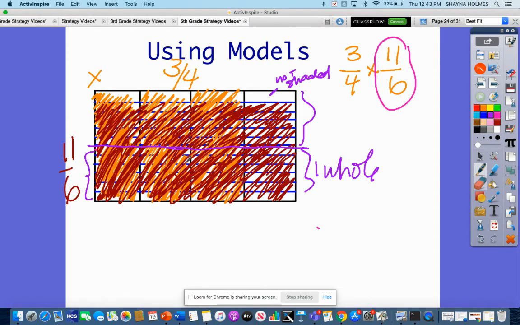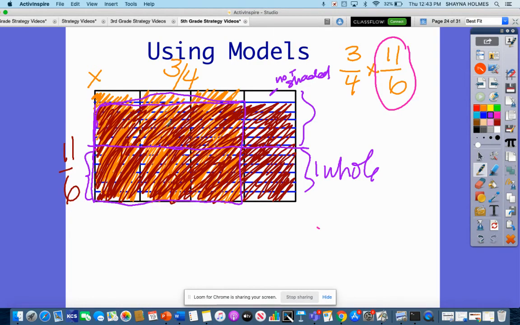So once again, I'm going to do that same kind of thing that I did. I'm going to look for what has been shaded twice. So the first thing is I'm going to look at this whole right here. So I do have this and this, ooh, I didn't really mean to do that, but you see it's right here.